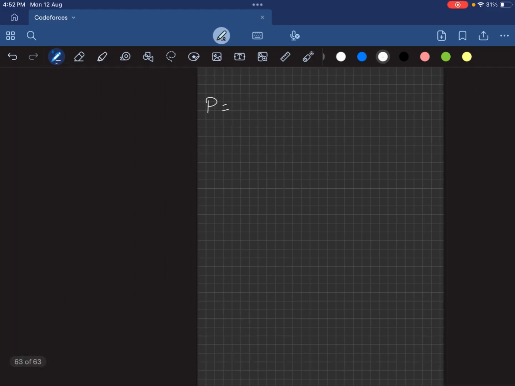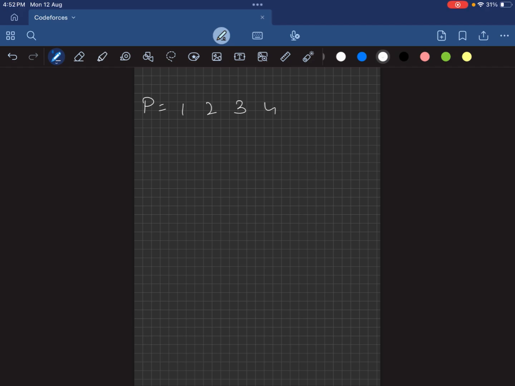So essentially, if we are given a permutation, which in this case was 1 2 3 4 5 6 7, we find out the depth of each of them. We found their depth, and from this we can also find, according to the permutation, at which index their parents lie. So 1 does not have any parent, so we'll call it minus 1.